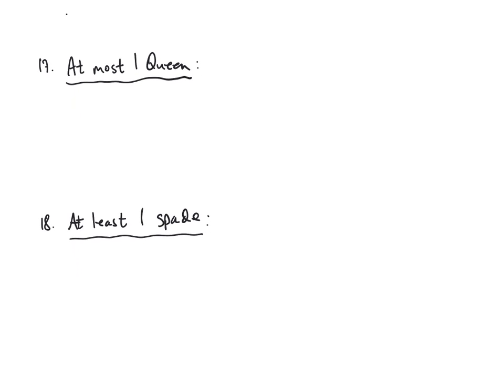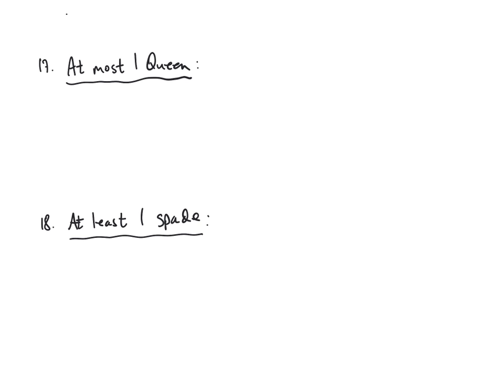Number 17 asks, count the number of ways you could have at most 1 queen. Well, that's kind of confusing because at most 1 queen, we'd have to phrase that a little bit differently. We know that might be multiple events, but is that using the word and or the word or? Well, at most means no more than that.